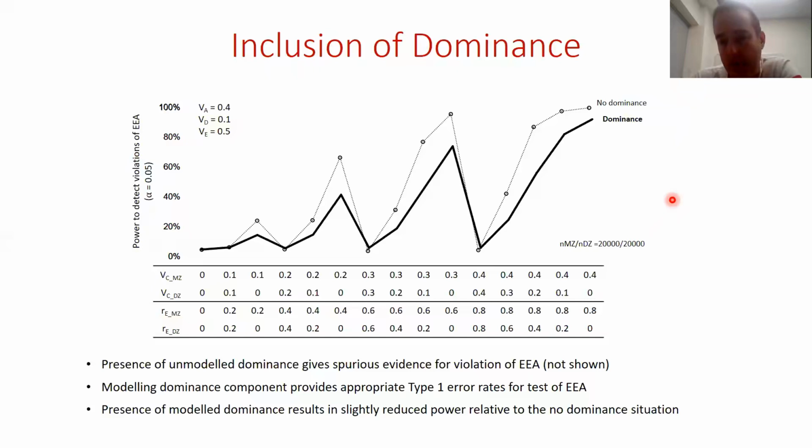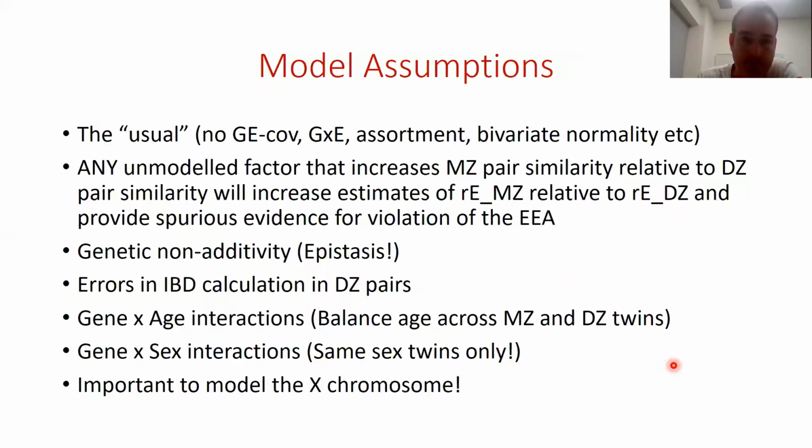And so we basically showed that you can model this component, and if you do so, it'll bring you back to appropriate type 1 error rates for tests of the equal environment assumption. And in the case of no dominance, it will just reduce your power slightly. So there's probably nothing to be lost, or not too much to be lost, in terms of including this in your model.